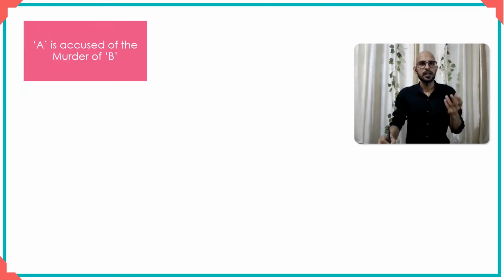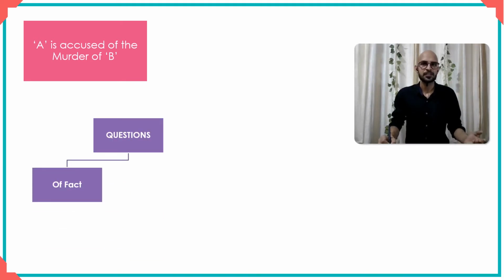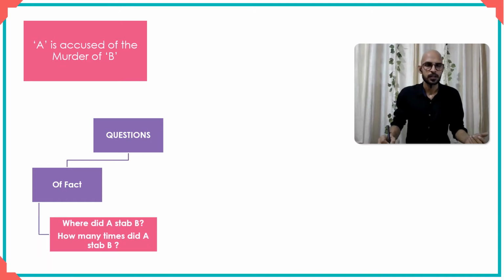Let us say A is accused of the murder of B. So let us see what we might have as a question of fact. Where did A stab B? Did he stab him on the chest or did he stab him on the hand? So you see, this is a vital part, this is a non-vital part. Or did he stab him on the throat? Or did he perhaps stab him on his legs?